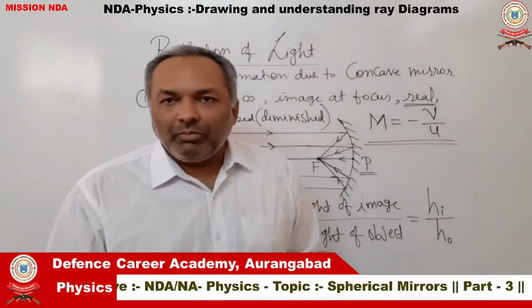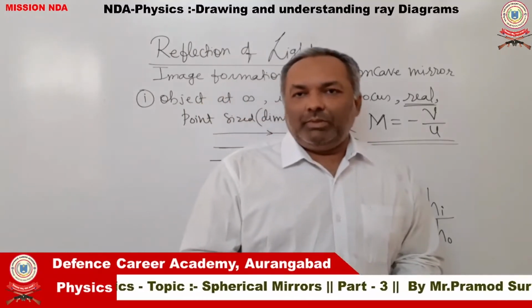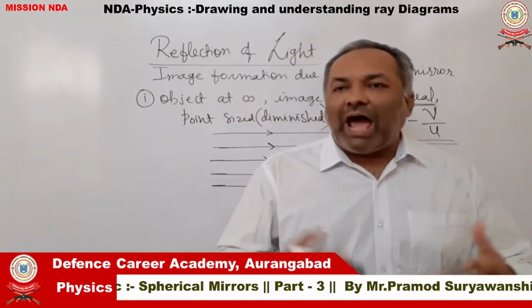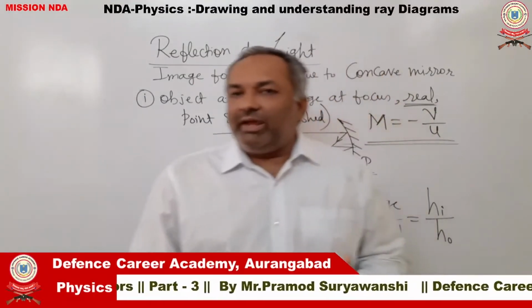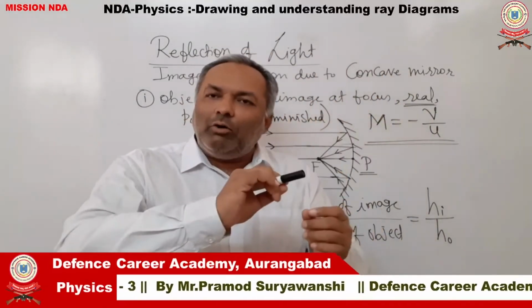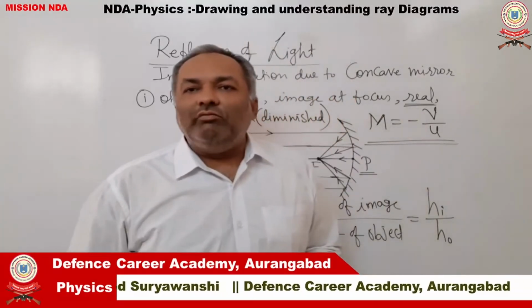If after reflection or refraction the rays of light are diverging, they are moving away from each other. That means no matter how long you produce them, they are never going to converge.